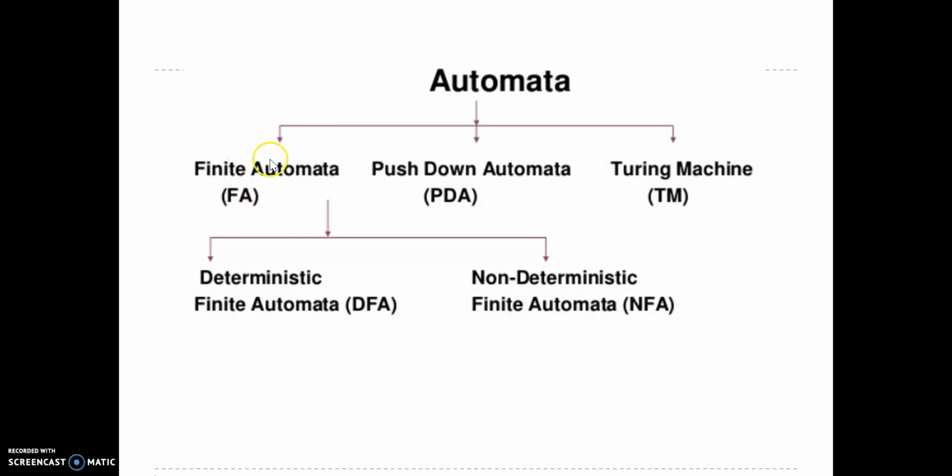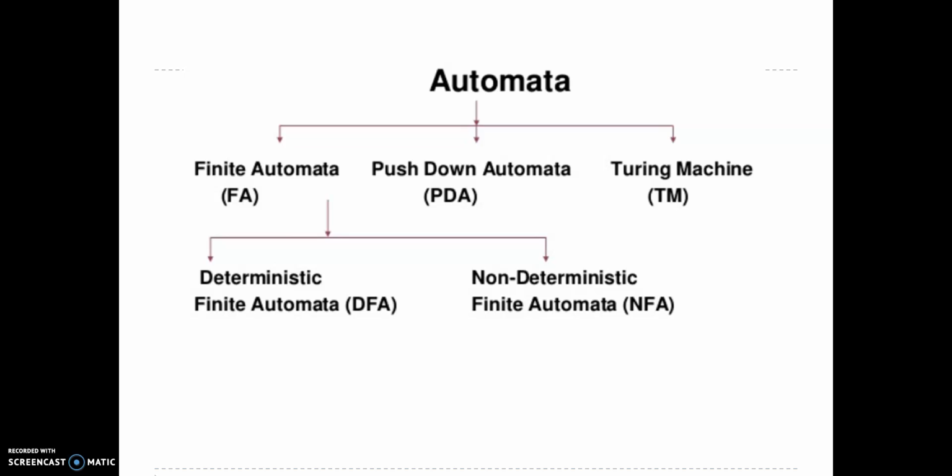So what are the types of finite automata? There are two types, deterministic and non-deterministic finite automata, based on the number of next states. If I am in a particular state, then where do I go next?